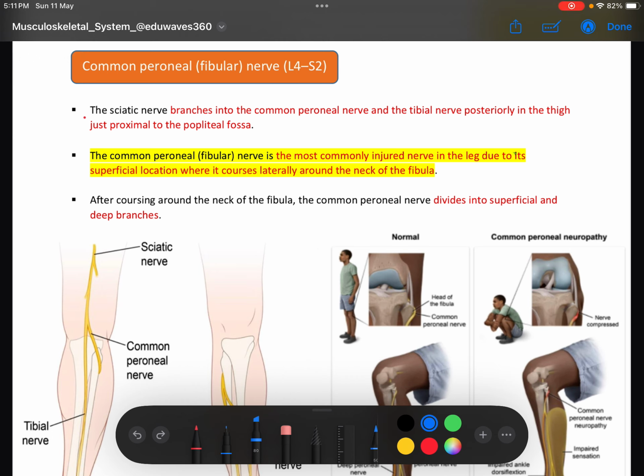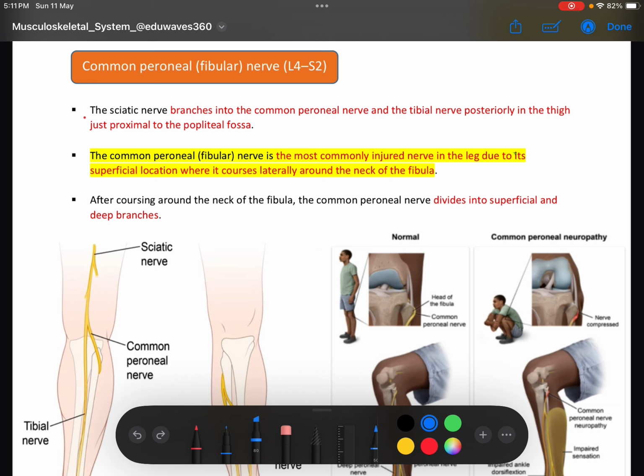So guys, in our previous video we discussed a little of the lumbosacral plexus. I'm going to give a brief recap of the things we discussed before.